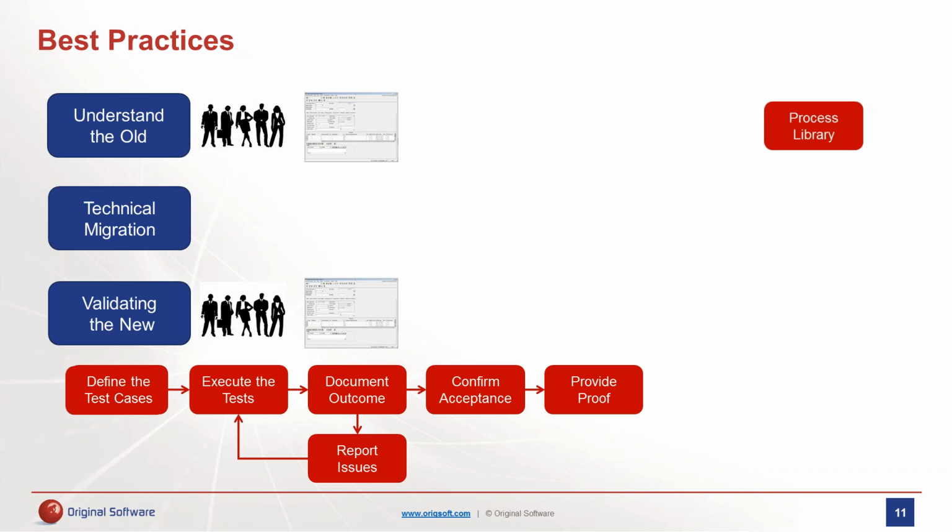And even if you are manually validating the new, automatic documentation of that effort is going to provide complete and concise issue reporting. And as with documenting the as-is, this is not wasted effort. Documentation is a useful, reusable asset, and it's going to feed back into that process library.